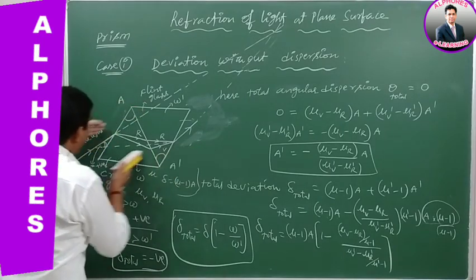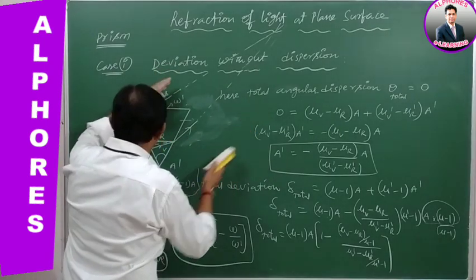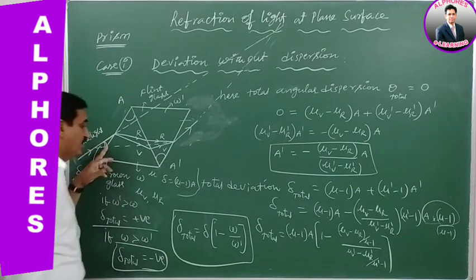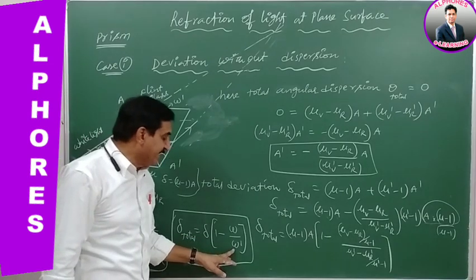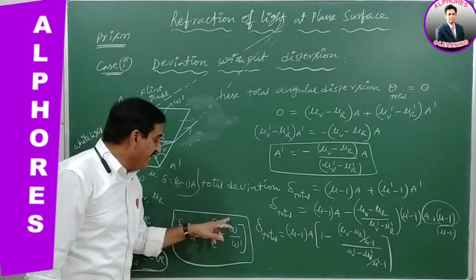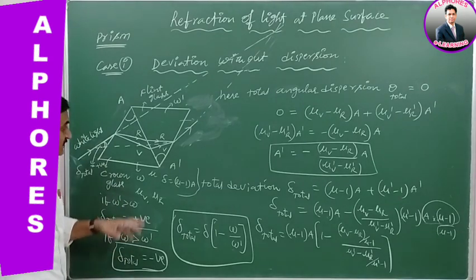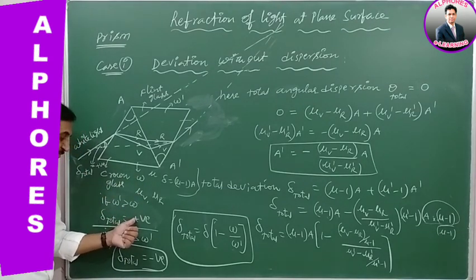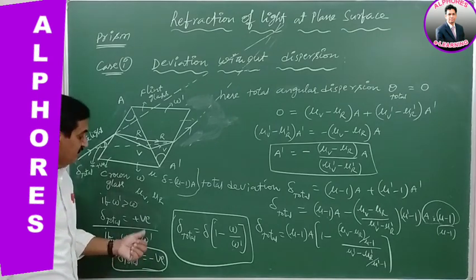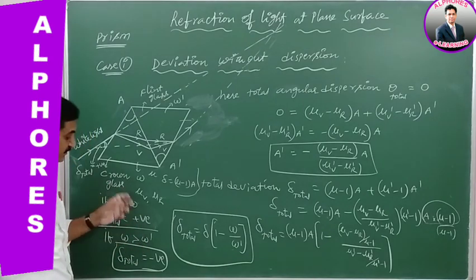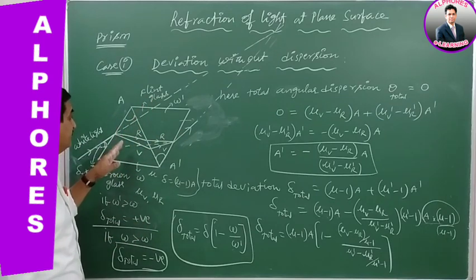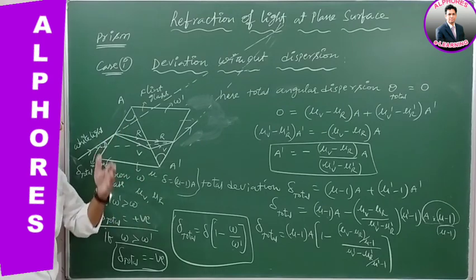When they are extended back, no chance for the forward direction. Suppose when they are extended back and meet each other, that gives the total deviation positive, which is possible whenever the flint glass second prism has a dispersive power more than that of crown glass, then the total deviation is positive. When omega is greater than omega dash, in such case the total deviation given by the combination of these two prisms becomes negative, which indicates that whenever the emergent and incident rays are both extended forward, they will meet.